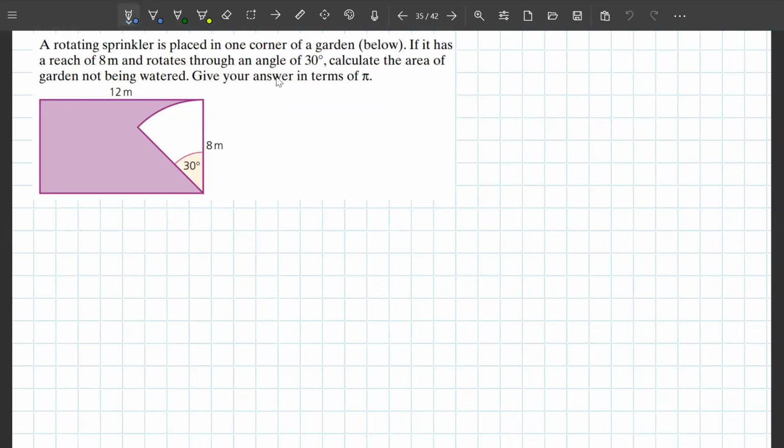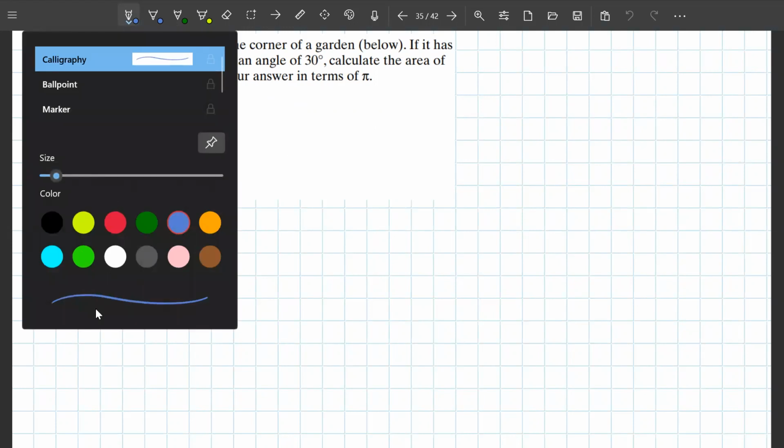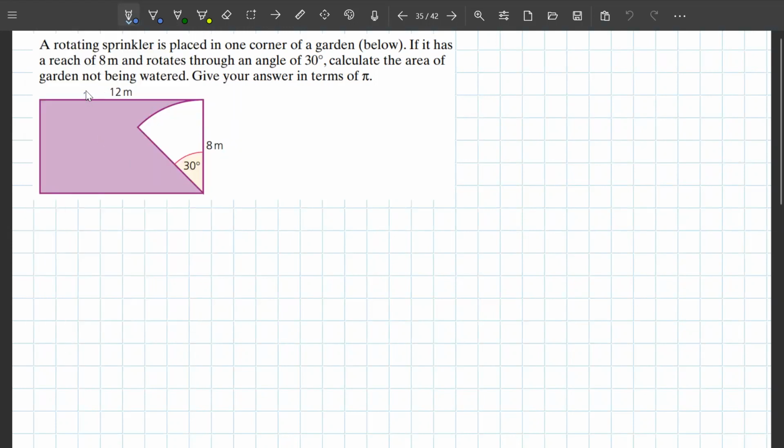So we will not apply the value of pi, and here we have two things. If you want to find the area of the whole garden, that means the area of the whole rectangle, and we know the length and width. Length is 12, width is 8, and this will also help us by considering radius or width.